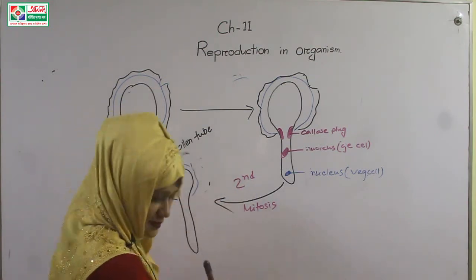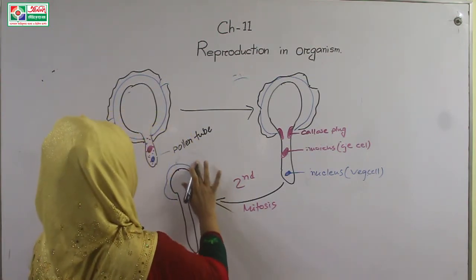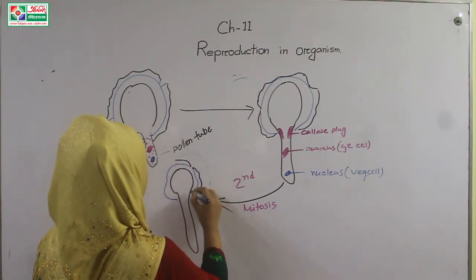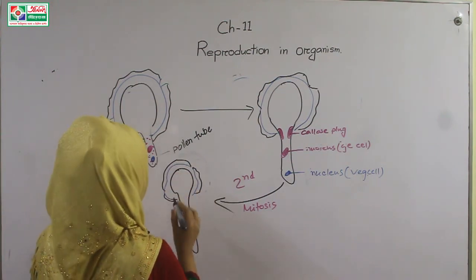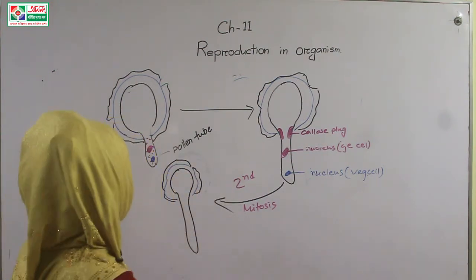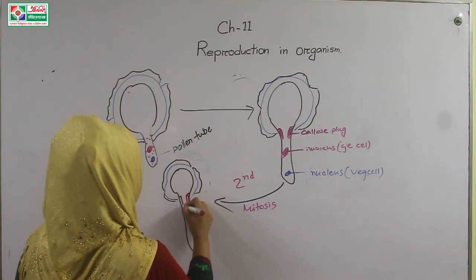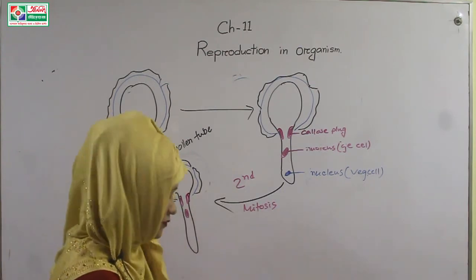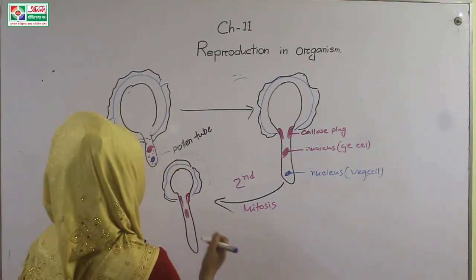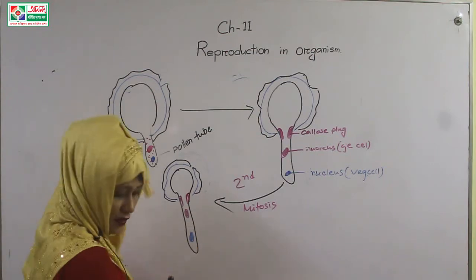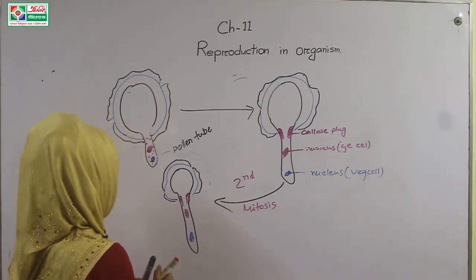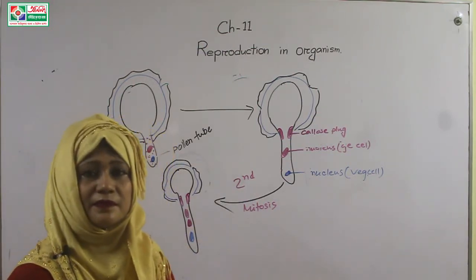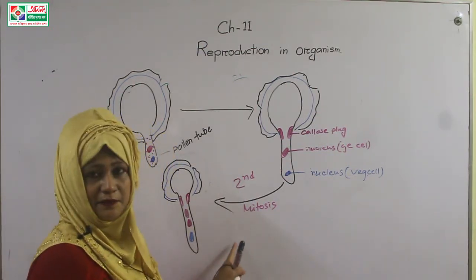What is this? I am drawing exine, callus plug, nucleus of generative cell and nucleus of vegetative cell. Now from one male gamete we will get two male gametes, because second mitosis has taken place here.